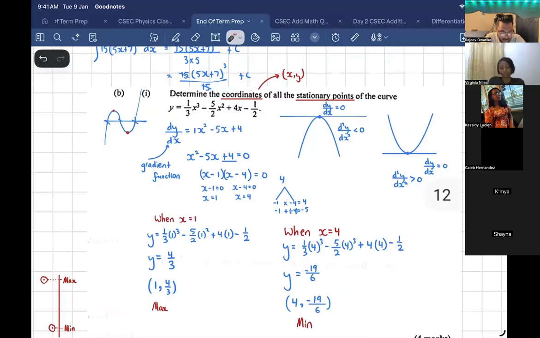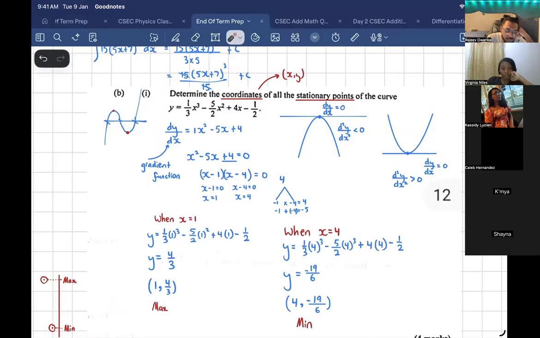So dy over dx of the function they give us is equal to x squared minus 5x plus 4. Since our first derivative, the gradient function, has to be equal to 0, we put x squared minus 5x plus 4 equal to 0.